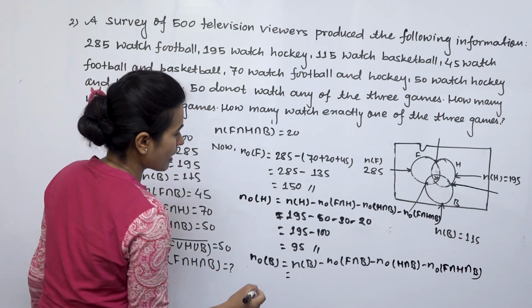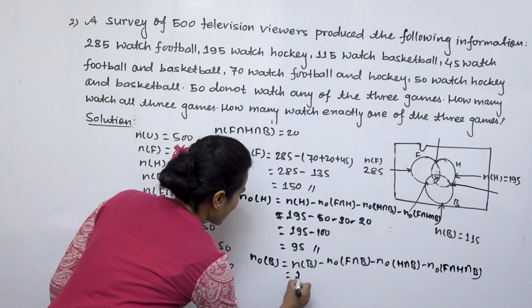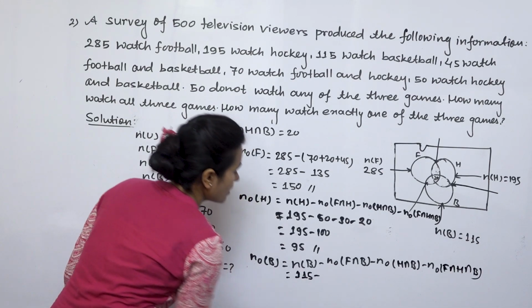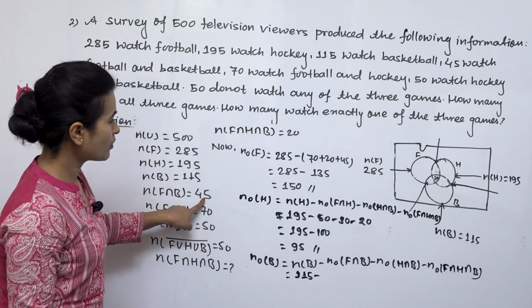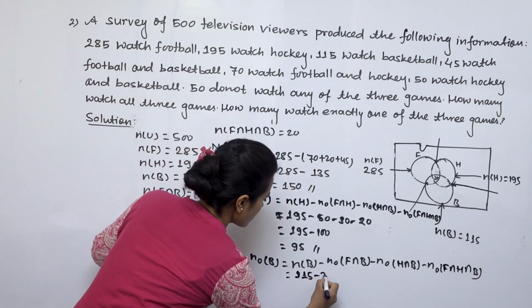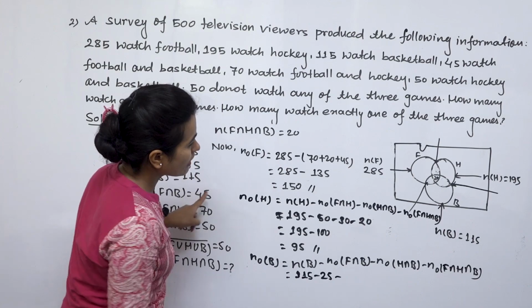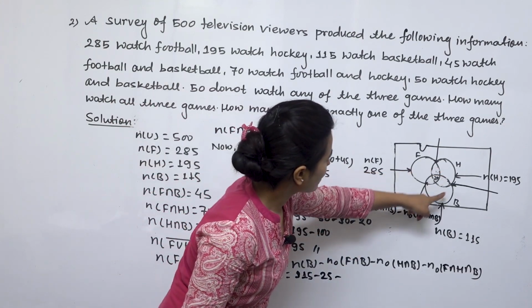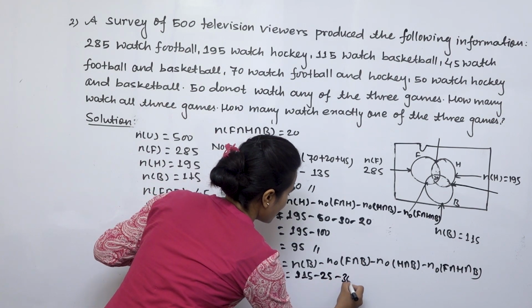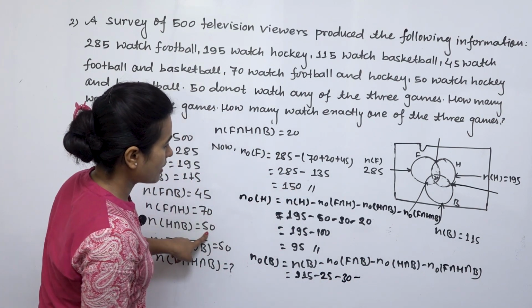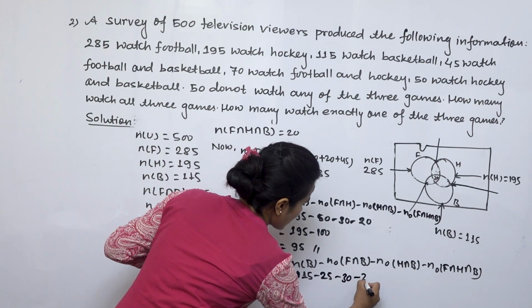So n(B) is 115, minus 25 for only F intersection B since F intersection B is 45 and 20 is there, minus 30 for only H intersection B since H intersection B is 50 and 20 is there, minus 20 for all three.